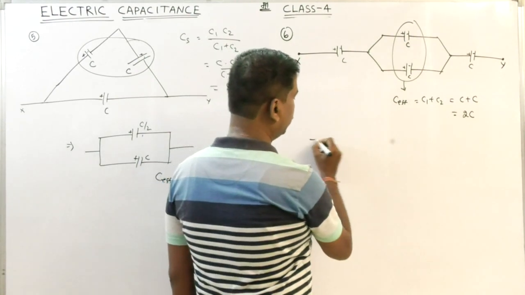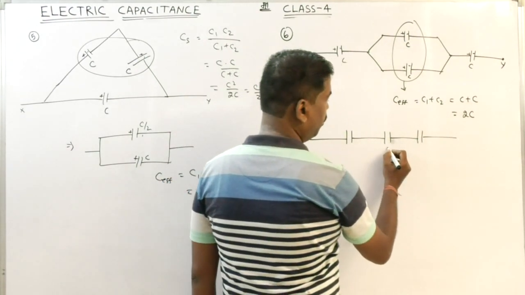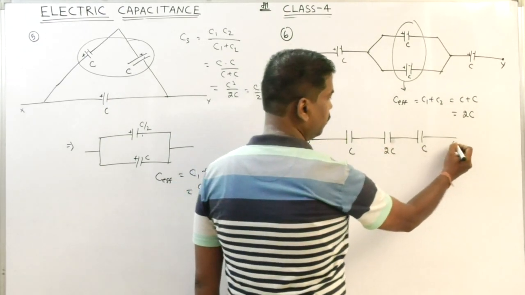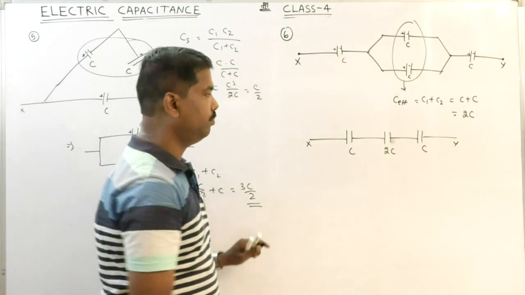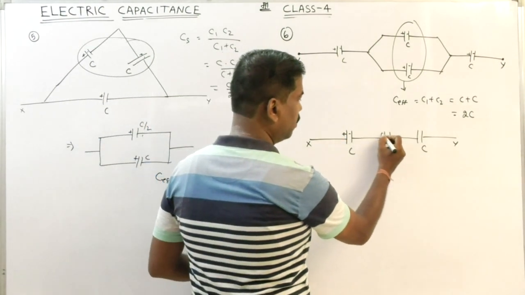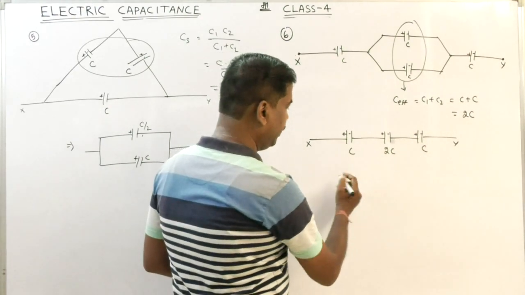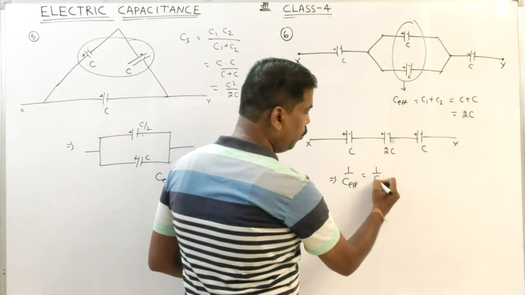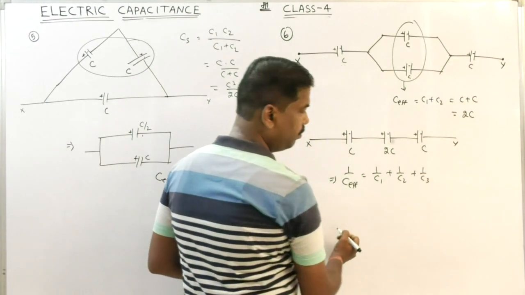Hence the circuit reduces to: this is C, 2C, this is C, C. So these three are now in series combination. Clear? So effective capacitance C effective is 1 by C1 plus 1 by C2 plus 1 by C3.